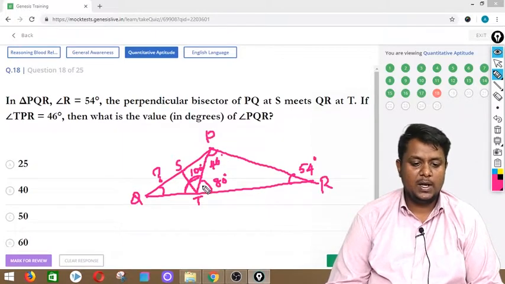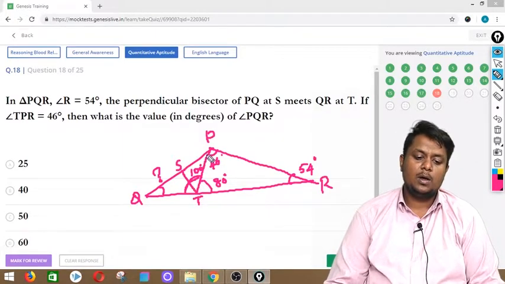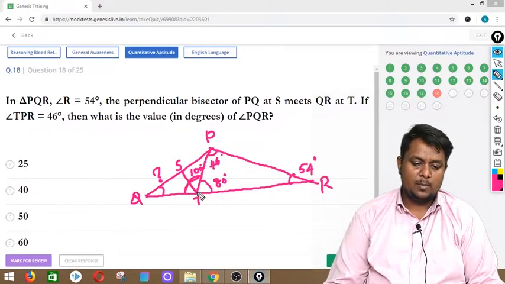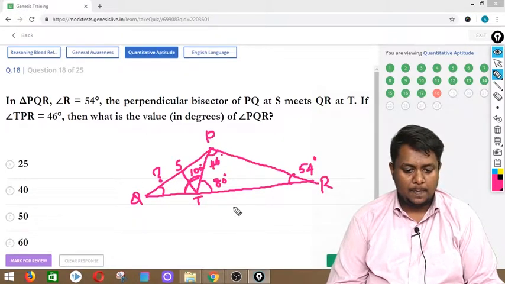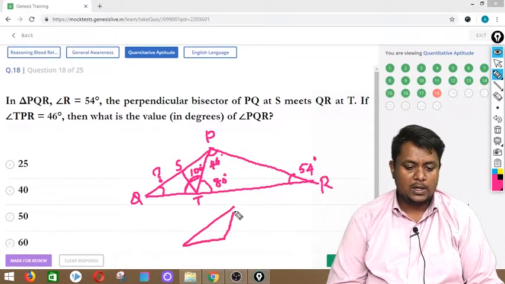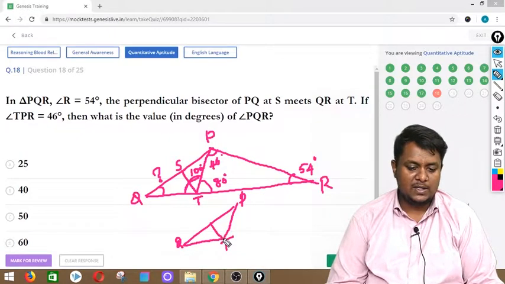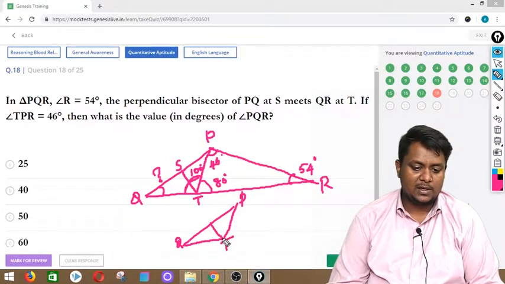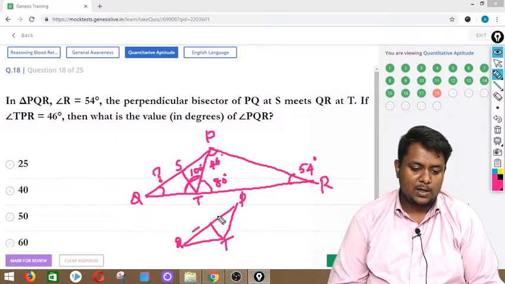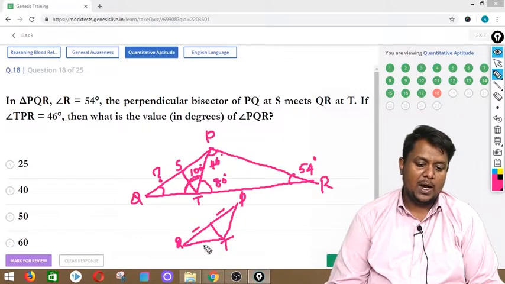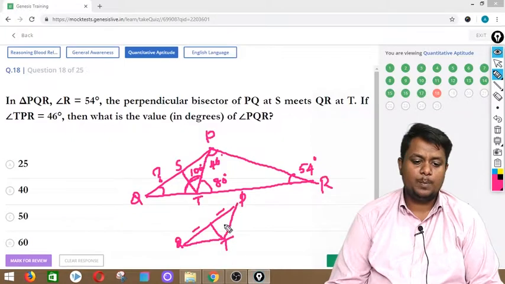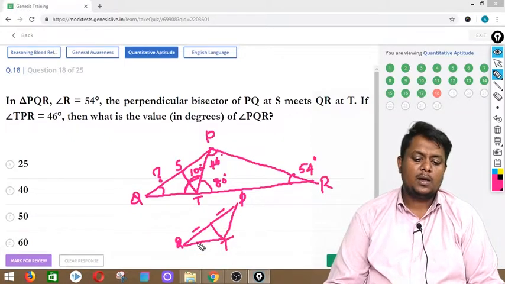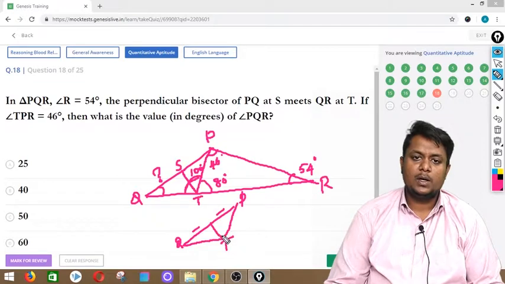Because of this perpendicular bisector and the line connecting T and P, we get triangle PQT, which is an isosceles triangle, with the perpendicular bisector cutting at this point. This distance and this distance are both the same, and the distance from here to here will be the same as the distance from T to P. So the triangle obtained is an isosceles triangle.